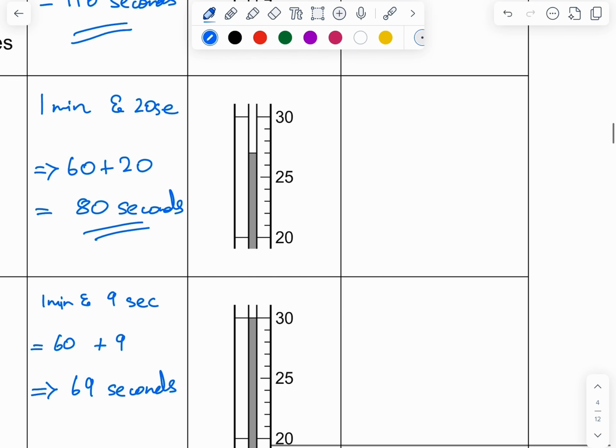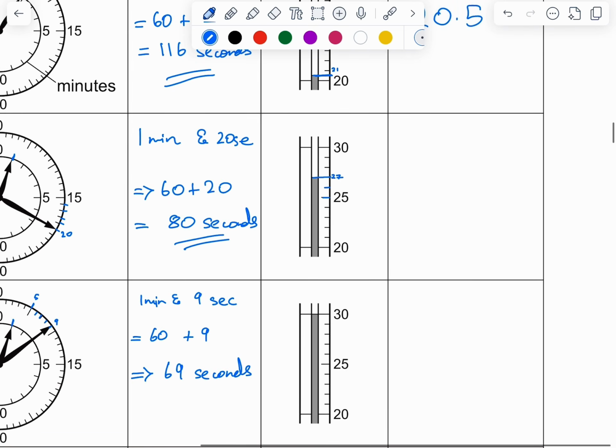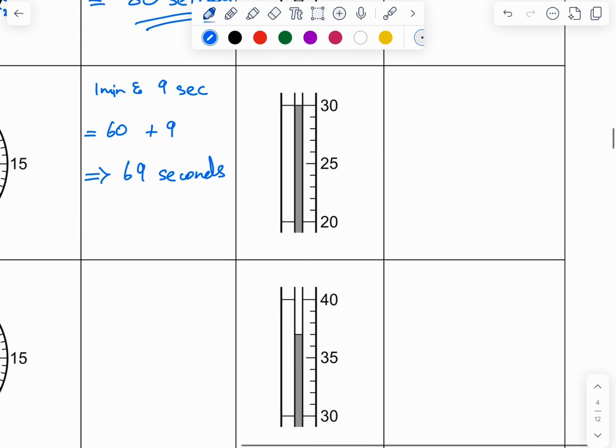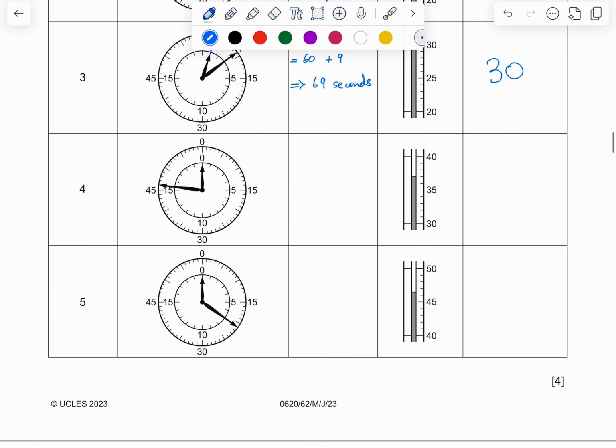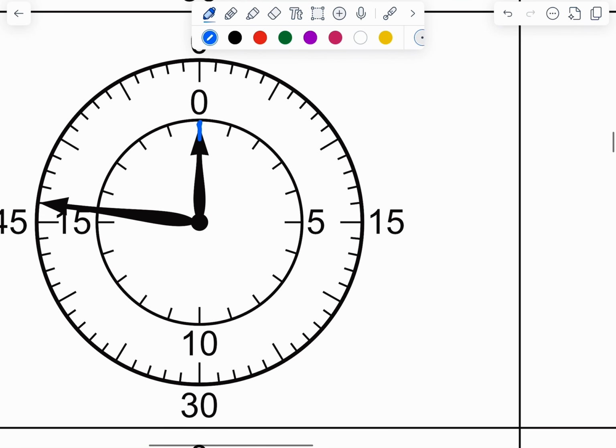We should also be measuring the temperature side by side. So for this one, the temperature is 25, 26, 27. All right, so the temperature right now is 27. For this one, the temperature is exactly 30.